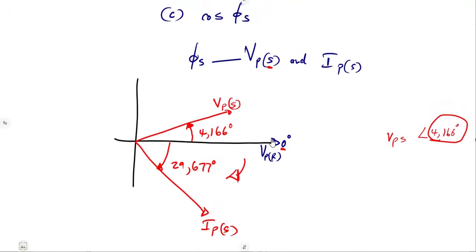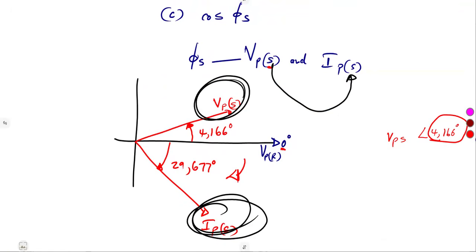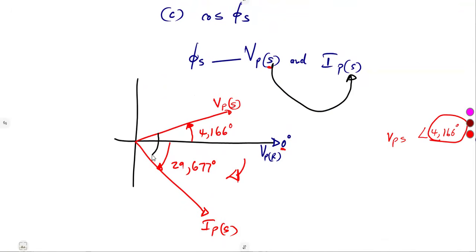This is what these angles represent. We need the angle between the sending end voltage and the sending end current. The angle in between is the sum of those two.